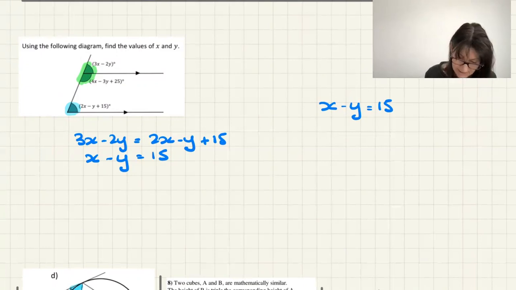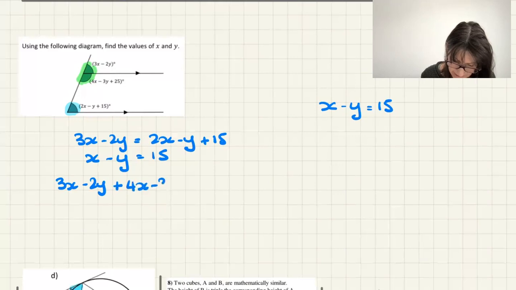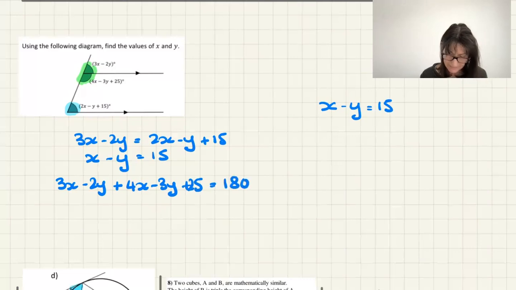So that means I can write that 3x minus 2y plus 2x, sorry, not jump down to the bottom one, my mistake. There we go. Plus, try that again, 4x minus 3y plus 25. All of that is equal to 180. Now I just need to get those x's together and those y's together.